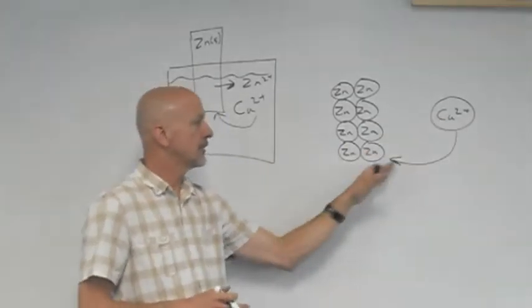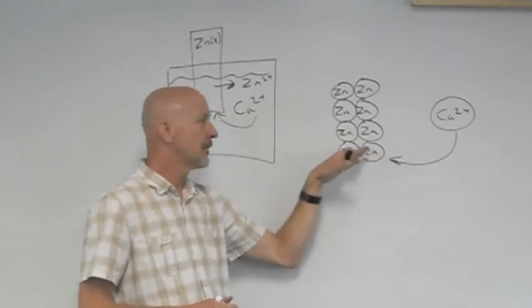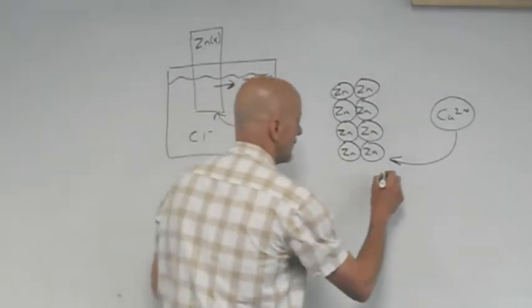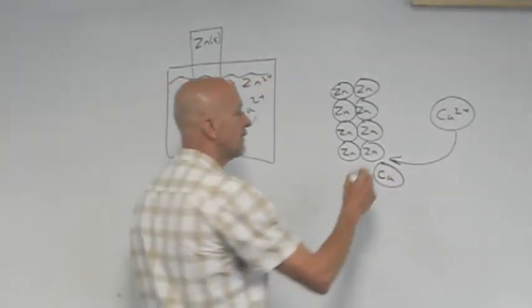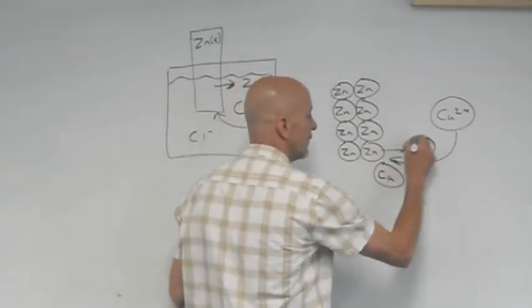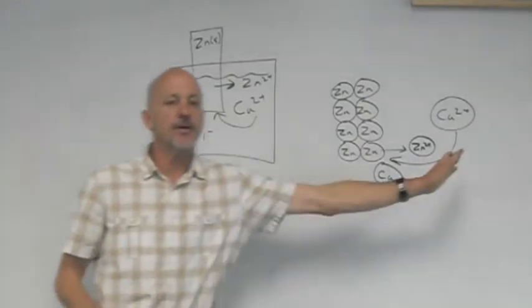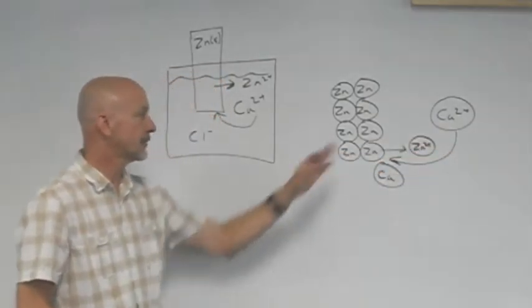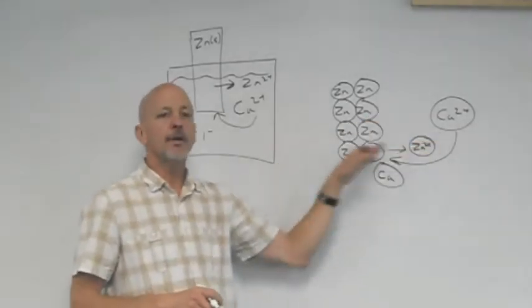If these two collide, copper in a positive state, zinc with all its electrons, those electrons are going to transfer right over to the copper. Copper takes the electrons and becomes a metal. This zinc atom goes into solution. So they collide with each other, electrons transfer over, zinc is now an ion in solution, and copper metal starts to grow. And it transfers one for one. These reactions are always one atom with one atom.